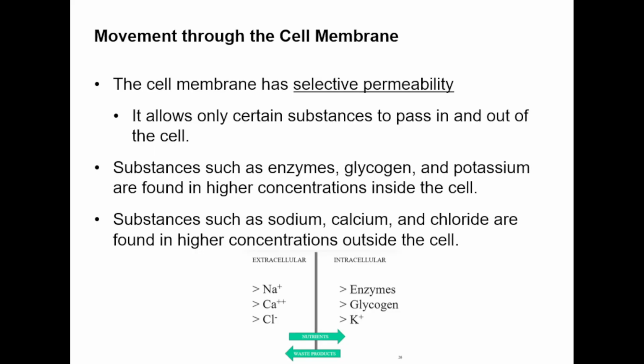Now let's talk about the different ways on how substances outside the cell can enter the cell and how substances inside the cell can exit the cell. So first we have to understand that the cell membrane has selective permeability. The meaning of selective permeability is it limits, or the cell membrane only allows certain substances to enter and exit the cell.